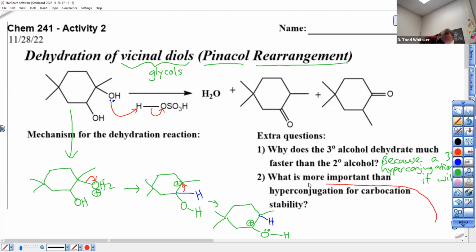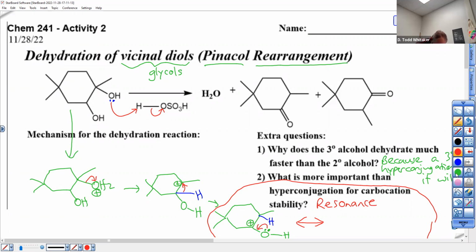What can this cation that I just circled do that the one prior to it could not? And the answer to the question I will give you non-verbally right here. What arrow is that? It's the answer to your question. Resonance is more important than hyperconjugation.